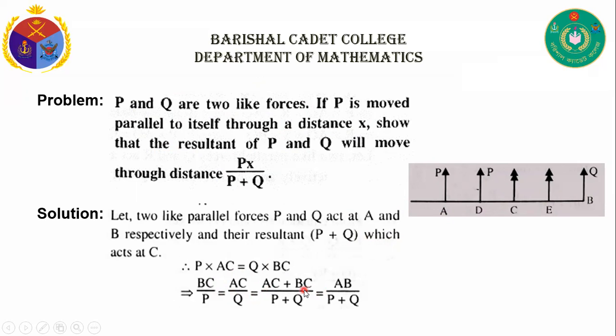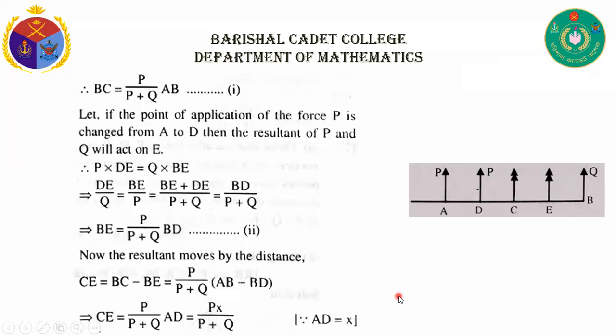I said that for like parallel forces, we always take componendo. So AC + BC is AB divided by P+Q. So actually here the three ratios are always equal. So again, BC = P/(P+Q) × AB.